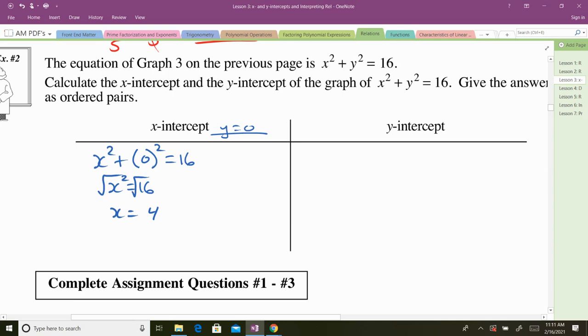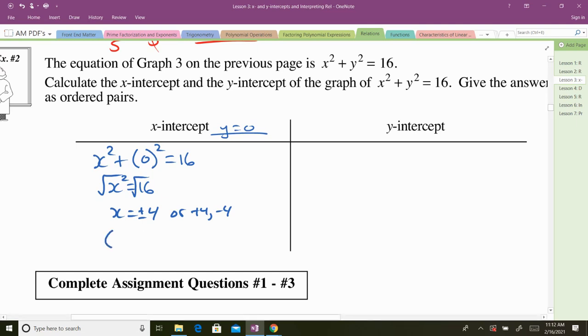So when you square root something, you get 2 answers, positive and negative. So you can just put plus minus, or you could write positive 4 and negative 4. I don't really care, but it's the same thing. When you square root something, you always get 2 answers. Okay? You have to put both. Otherwise, you're not going to get full marks.